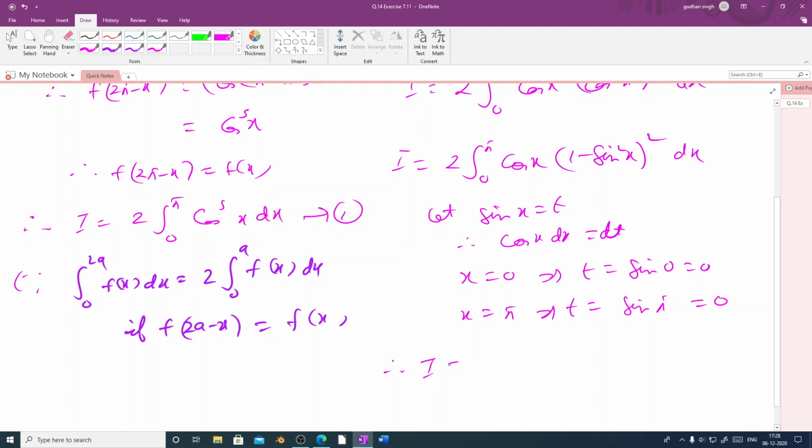Therefore I equals 2 times the integral from 0 to 0 of (1 minus t square) whole square dt. And we know that whenever we integrate a function from a to a, the answer is 0. Therefore I equals 0 is the answer of question number 14.